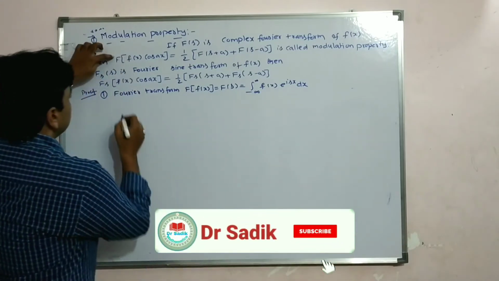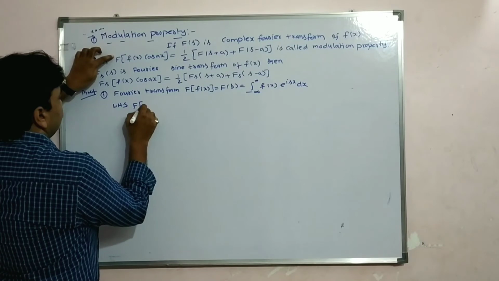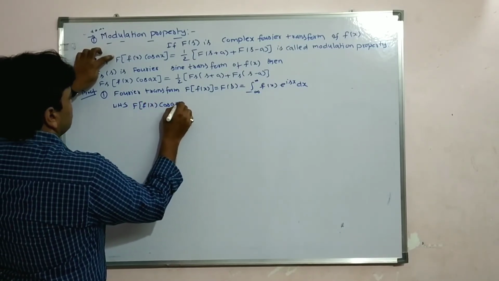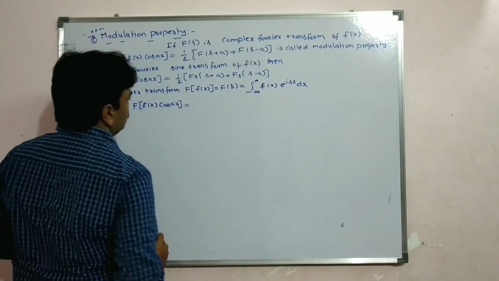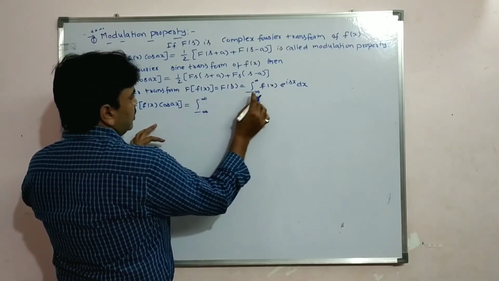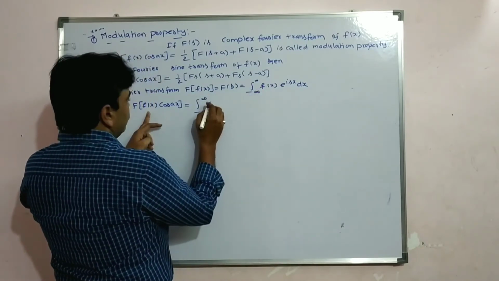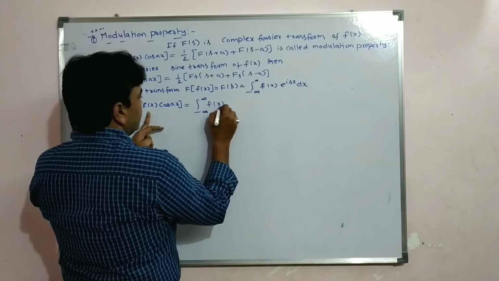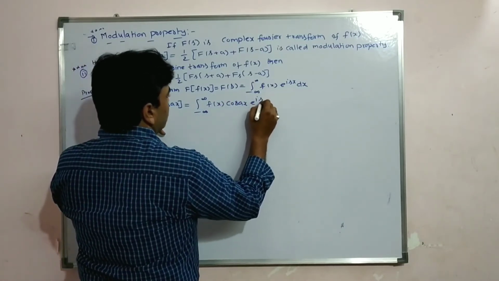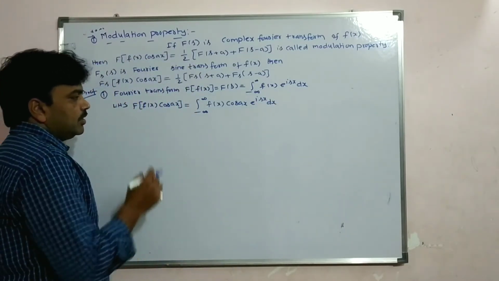Now here take the LHS, students. LHS is the transform of f(x) cos ax, which is the integral from minus infinity to infinity of f(x) cos ax e^{isx} dx.